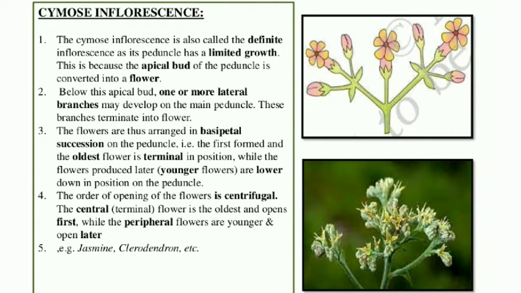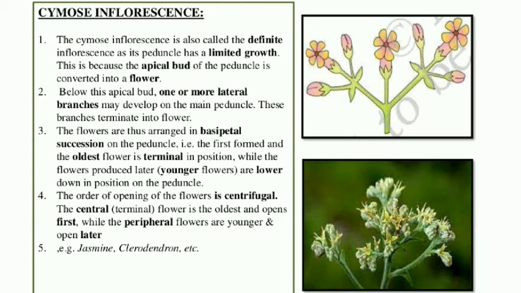Like that, the young flower will be at the base. Means young flower will be formed by the further growth of the small axillary bud or a small branch, right?